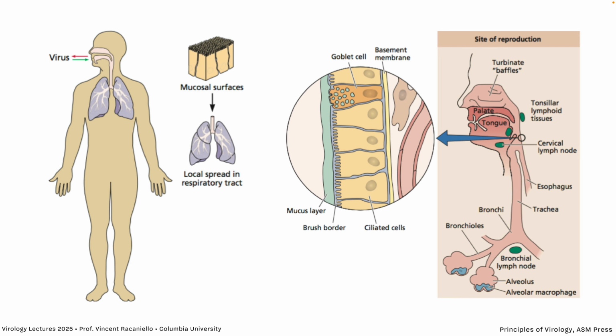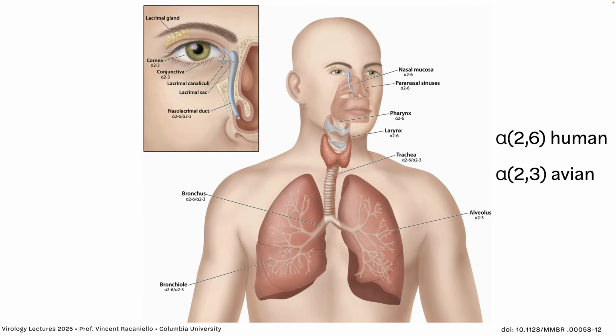And that's why if you have influenza, you often have a substernal pain associated with it. That's virus reproducing in the tracheal epithelial cells. In the most extreme cases, it goes down into the alveoli and can cause pneumonia. This is a very serious illness.